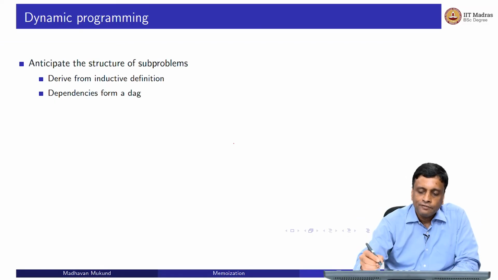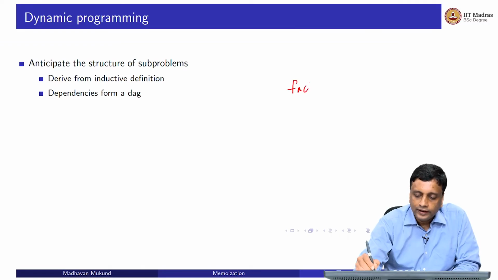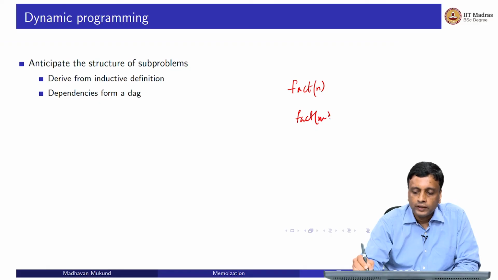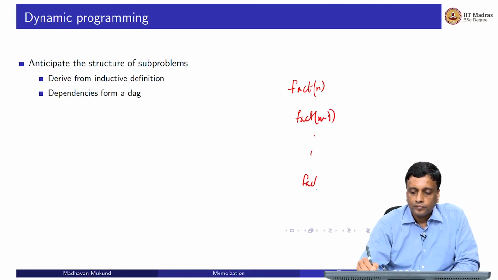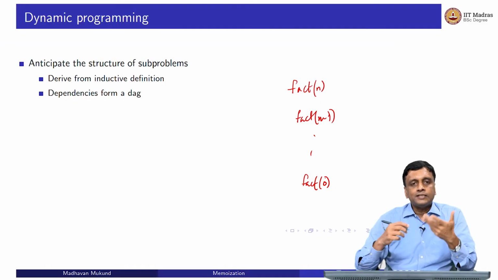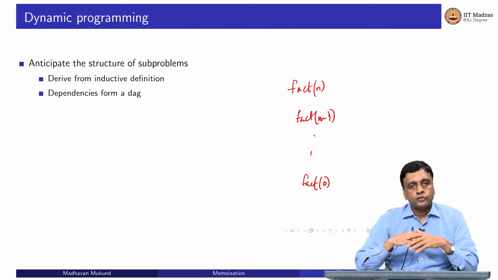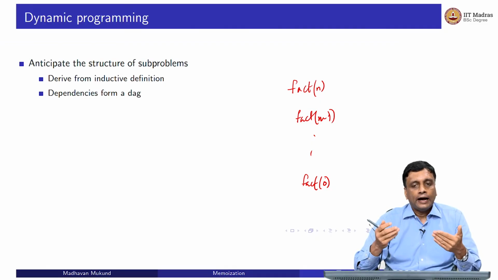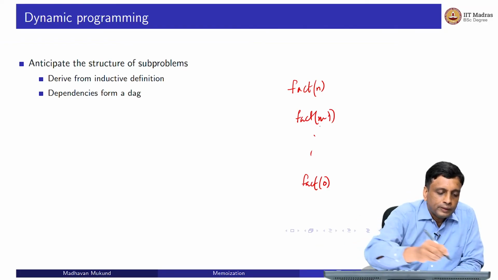So when I say, for example, that factorial of n depends on factorial of n minus 1 down to factorial of 0, the dependency is not direct. I do not need to know factorial of 0 upfront to know factorial of n. I only need to know factorial of n minus 1, right.